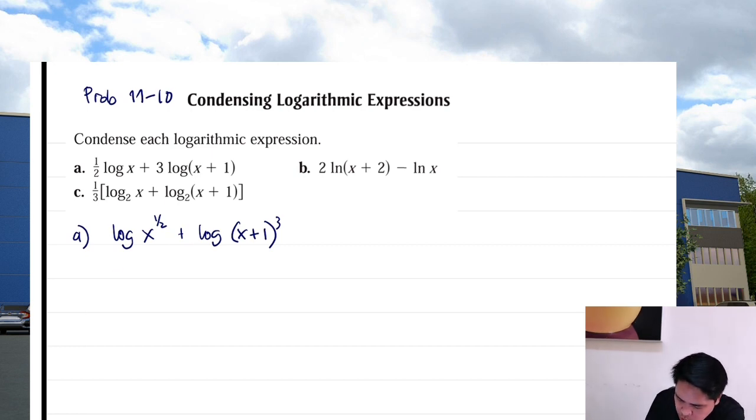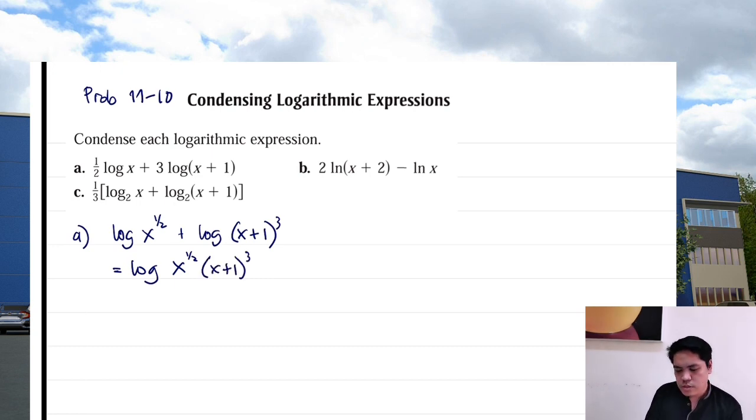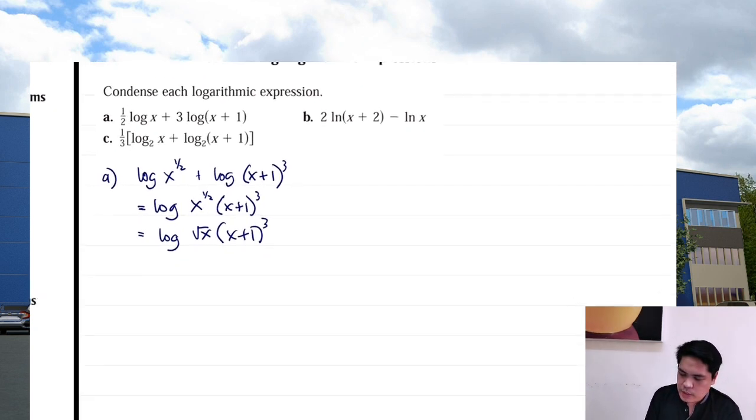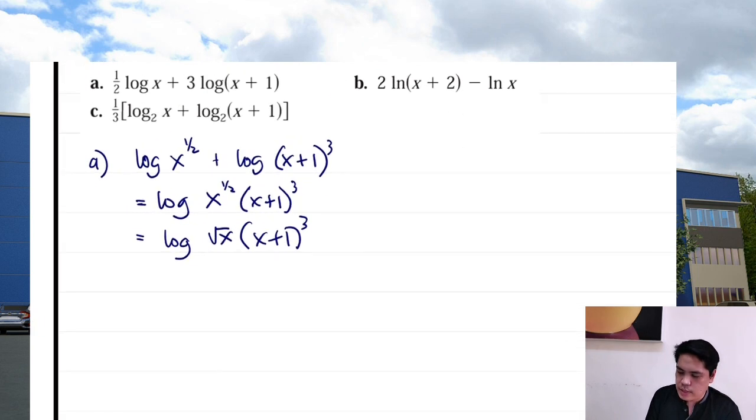So, therefore, this becomes logarithm of x raised to 1/2 times x plus 1 cubed. So, that's the condensed form. That's the answer. Or if you prefer to write it this way, logarithm of square root of x times x plus 1 cubed, that's perfectly fine. Okay? That's it. Too easy.